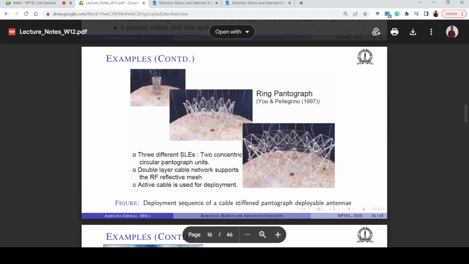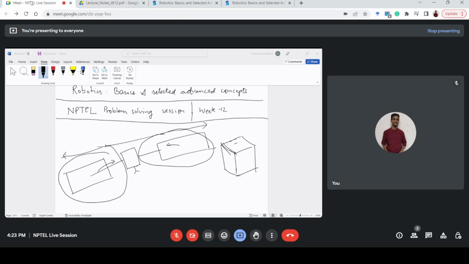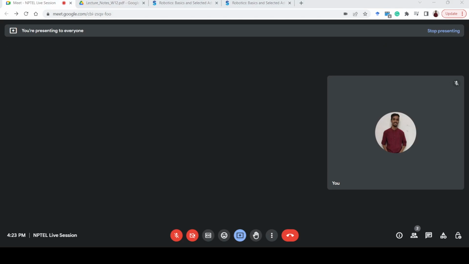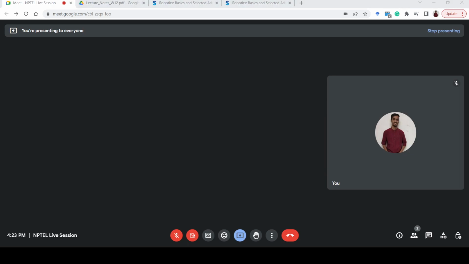These kinds of pantograph mechanisms are also used to make one degree of freedom walking robots. They are also called walking contraptions. If you look on the internet for walking contraptions, some of them are based on the pantograph mechanism, and you must have seen many of those.